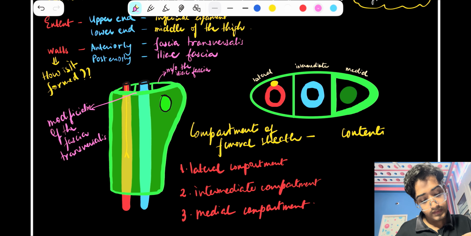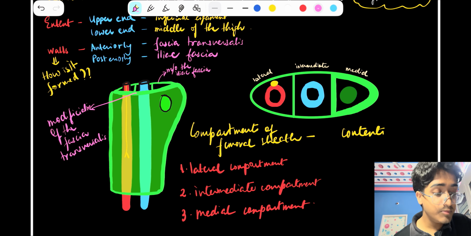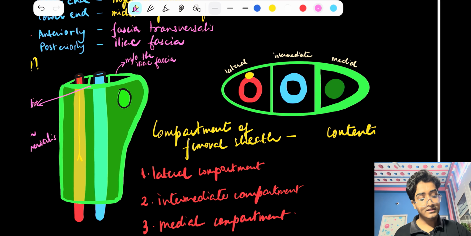Now this femoral sheath has 3 compartments: the lateral compartment, intermediate and the medial compartment.